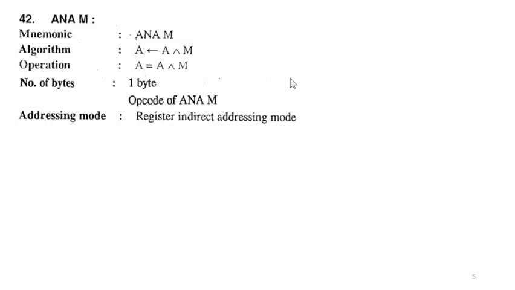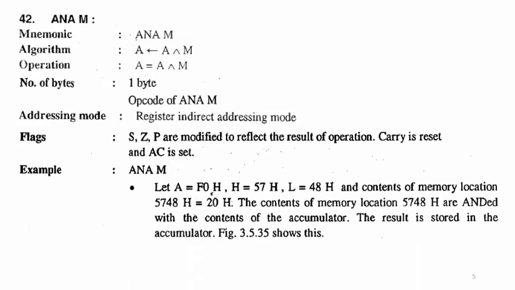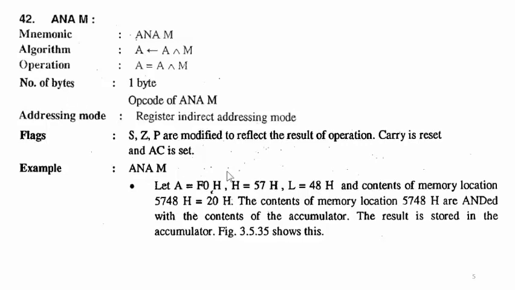The addressing mode is register indirect addressing mode, because the instruction takes the data from memory indirectly pointed by HL or M. In this case also sign, zero and parity flag bits are modified to reflect the result, and carry flag is reset and auxiliary carry flag is set.